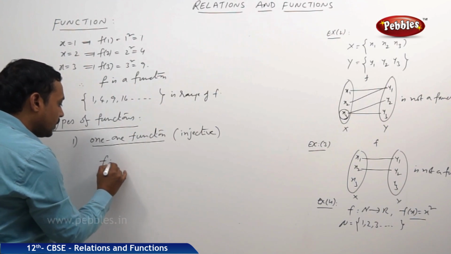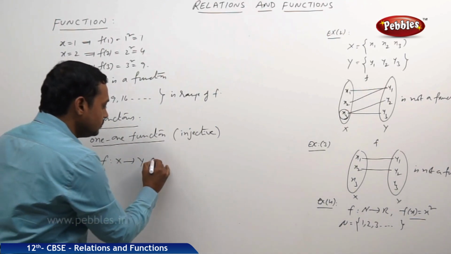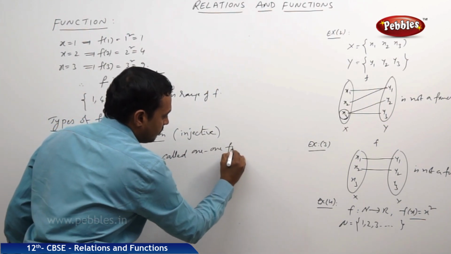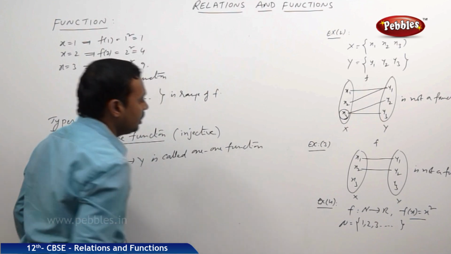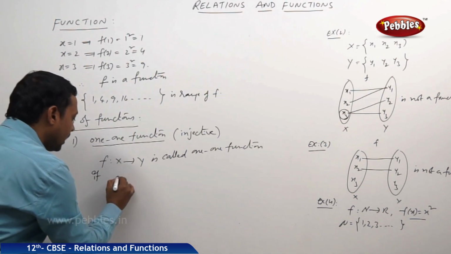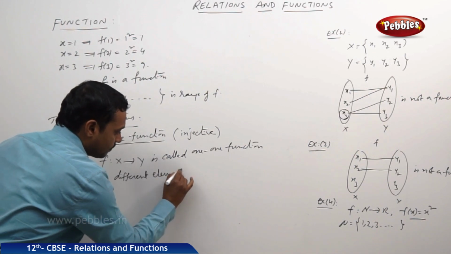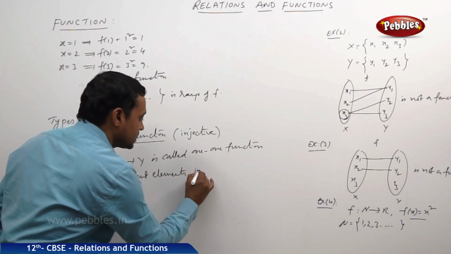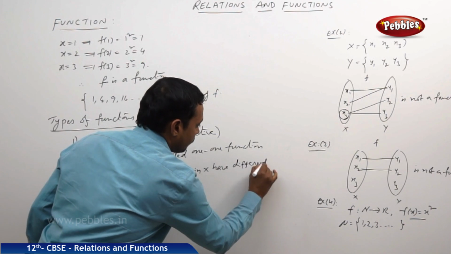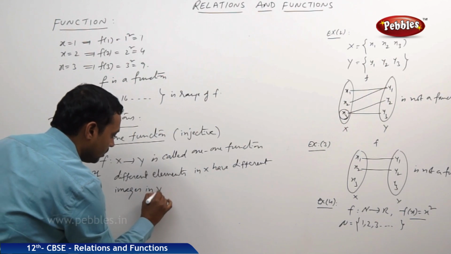A function f defined from x to y, a function f that maps x to y, is called one function or injective function when different elements in x have different images in y.